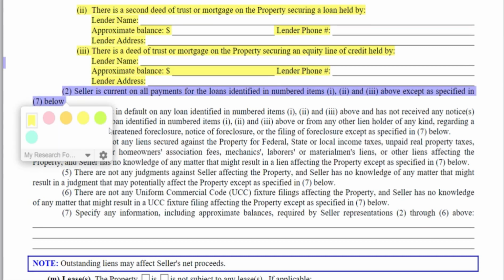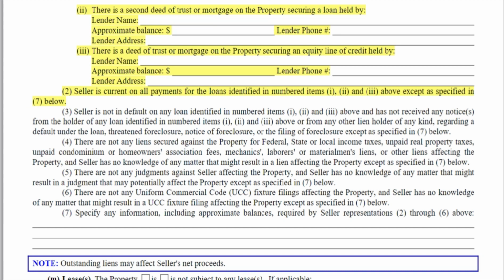So we're in 2. The seller is current on all payments for the loan identified in items 1, 2, and 3 above, except as specified in 7 below.